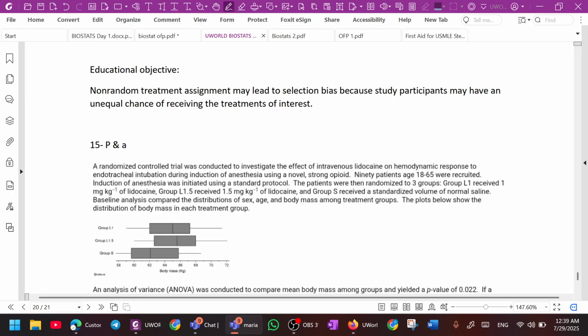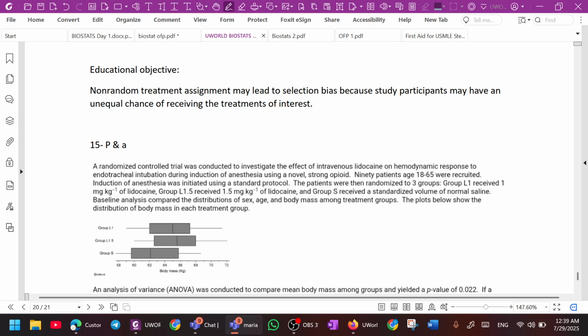A randomized controlled trial was conducted to investigate the effect of IV lidocaine on hemodynamic response to endotracheal intubation during induction of anesthesia using a novel strong opioid. 90 patients age 18 to 65 were recruited.